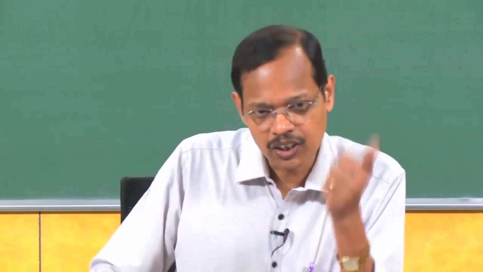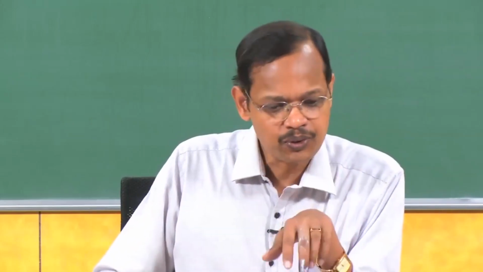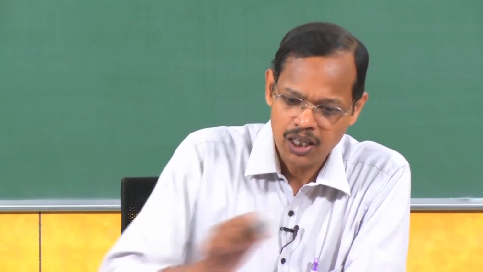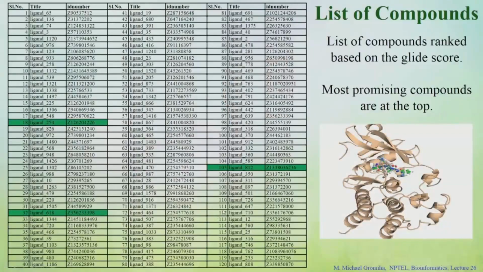So, if Schrodinger could get the best one, the top one should be at the topmost position, right. But if you look into the experimental data, these are the ligands which showed some potential inhibition, ranked number 18, 32 and 105.